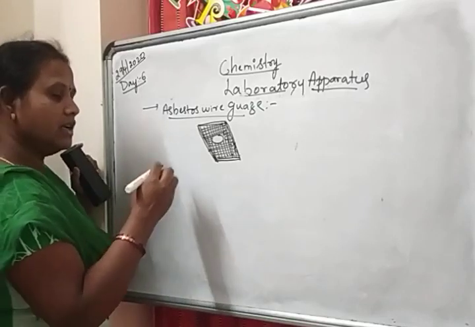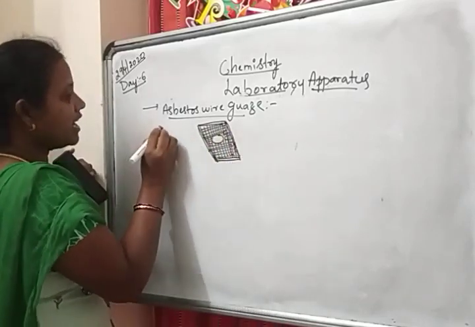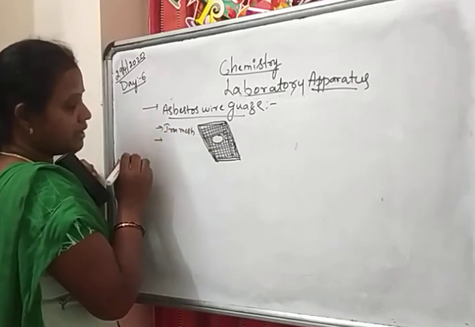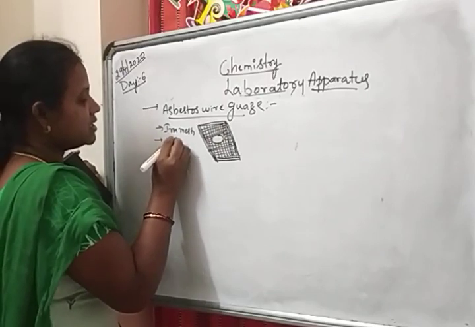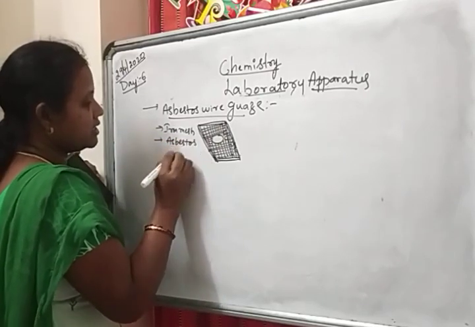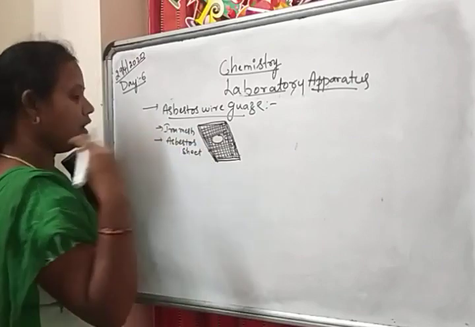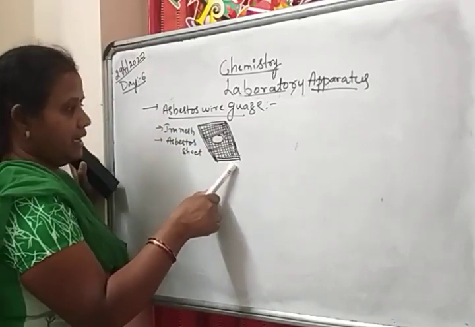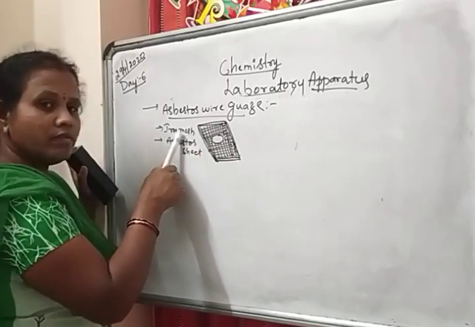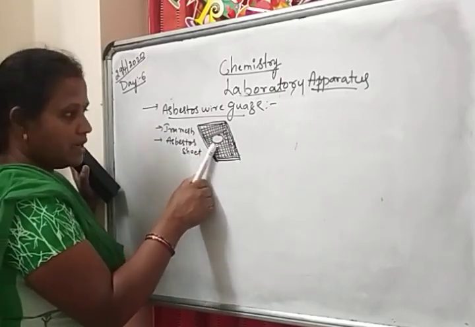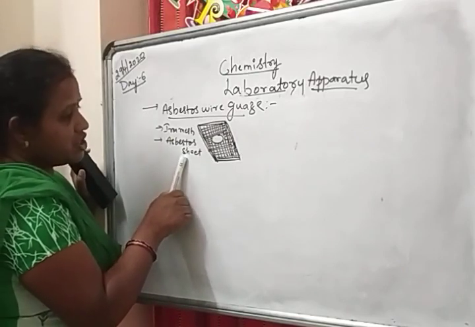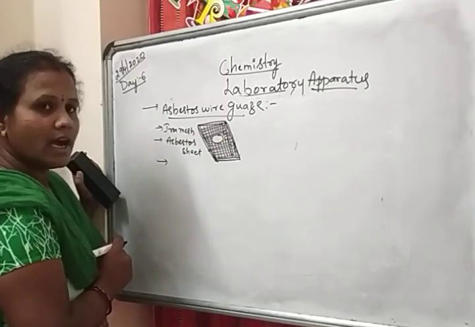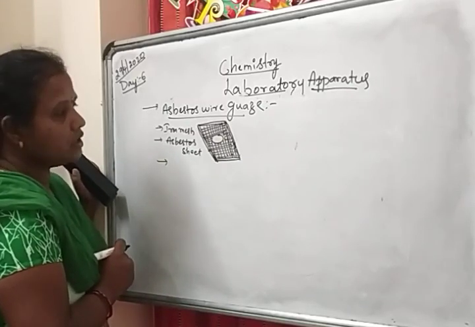It looks like this and it is made up of iron mesh. And in the middle you have asbestos sheet. So this is how the asbestos wire gauze looks like. Then what is the use of this asbestos wire gauze in our chemistry lab? You need to learn the application.